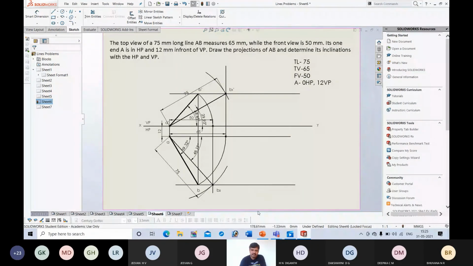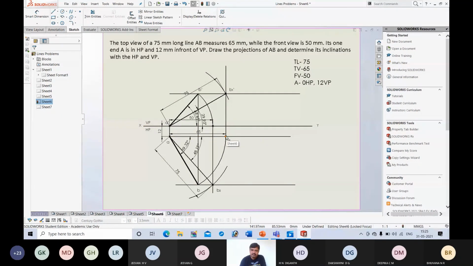Okay, now we can observe in this problem. Okay, so this is the top view. If you rotate this top view such that it will become parallel to XY, means if you rotate this line from this point to this, it will become parallel to a plane of projection.